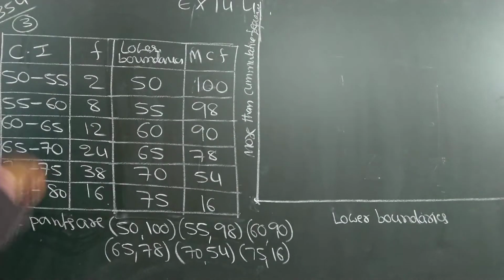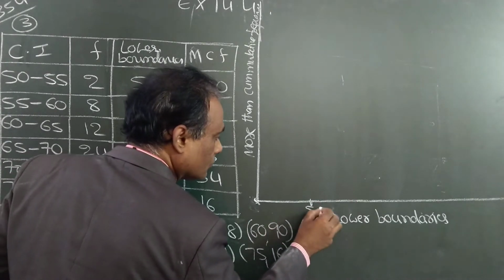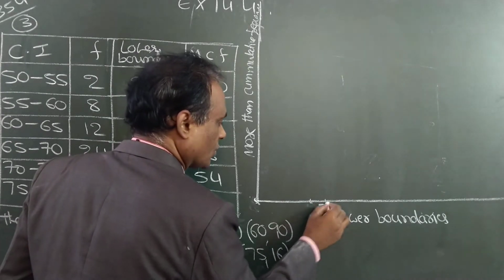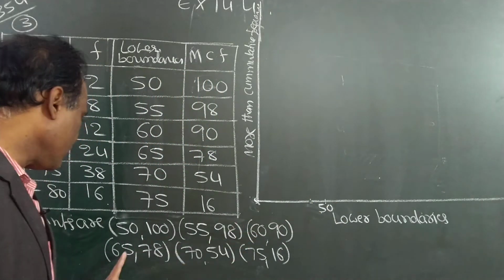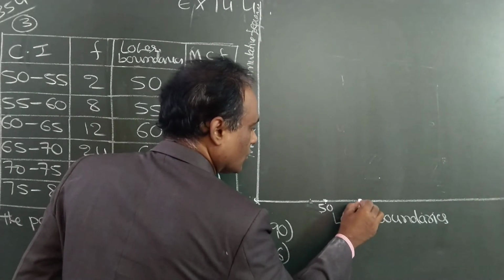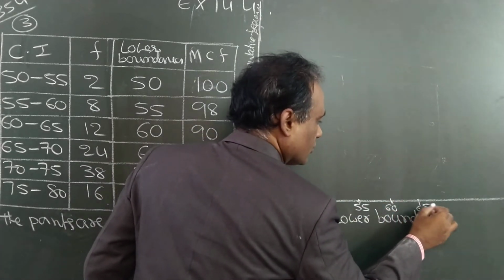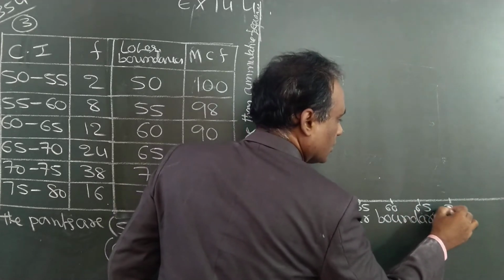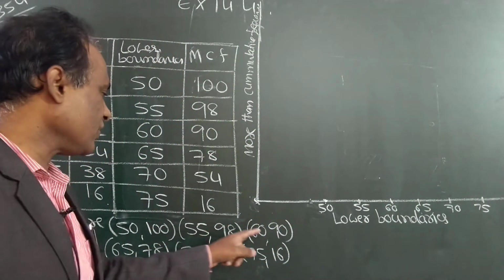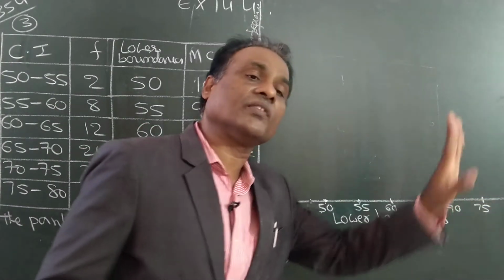See here. Take the lower boundaries, lower boundary 50, 55, 60, 65, 70, 75 on the x-axis. 50, 55, 60, 65, 70, 75.